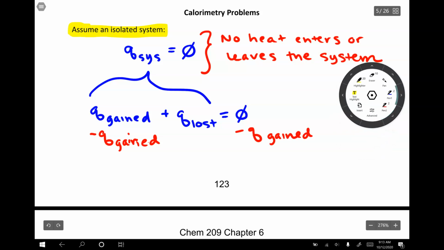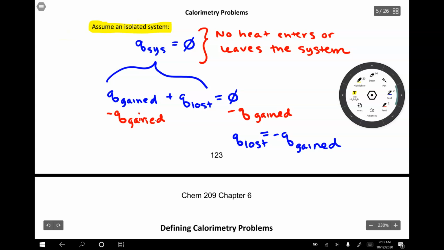And what I end up with is I can say that Q lost inside my calorimeter is equal to negative Q gained. And this equation here, this Q lost is equal to negative Q gained, is a really useful starting point for your calorimetry problems.